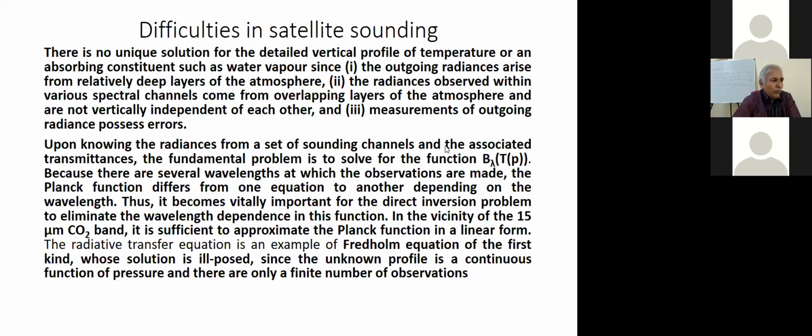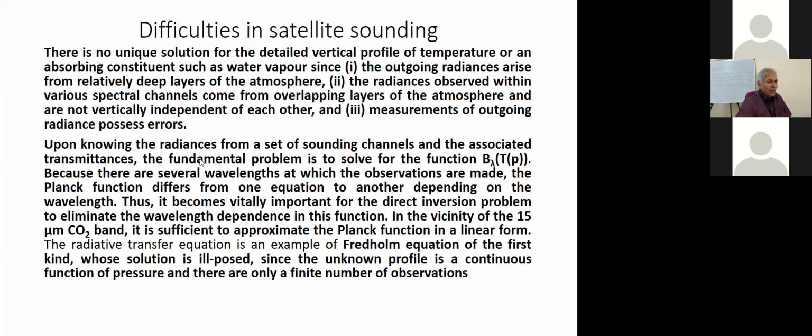Then the measurements of outgoing radiance have errors. Because of these three reasons, the contribution is coming from relatively deeper areas. At one particular height, the contribution is coming from different spectral channels corresponding to different wavelengths. And then, of course, the outgoing radiance has errors.